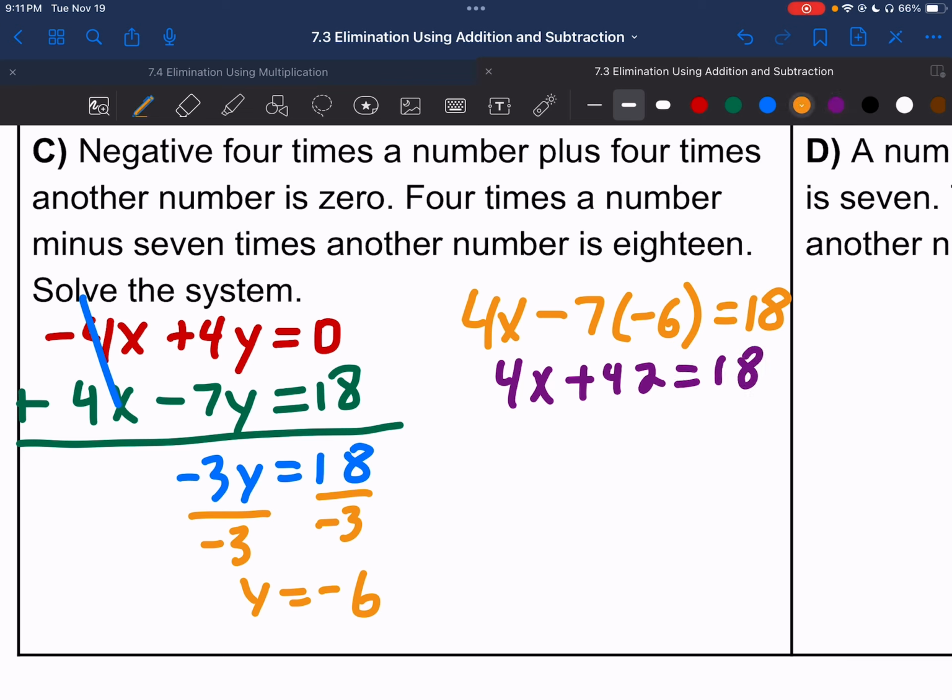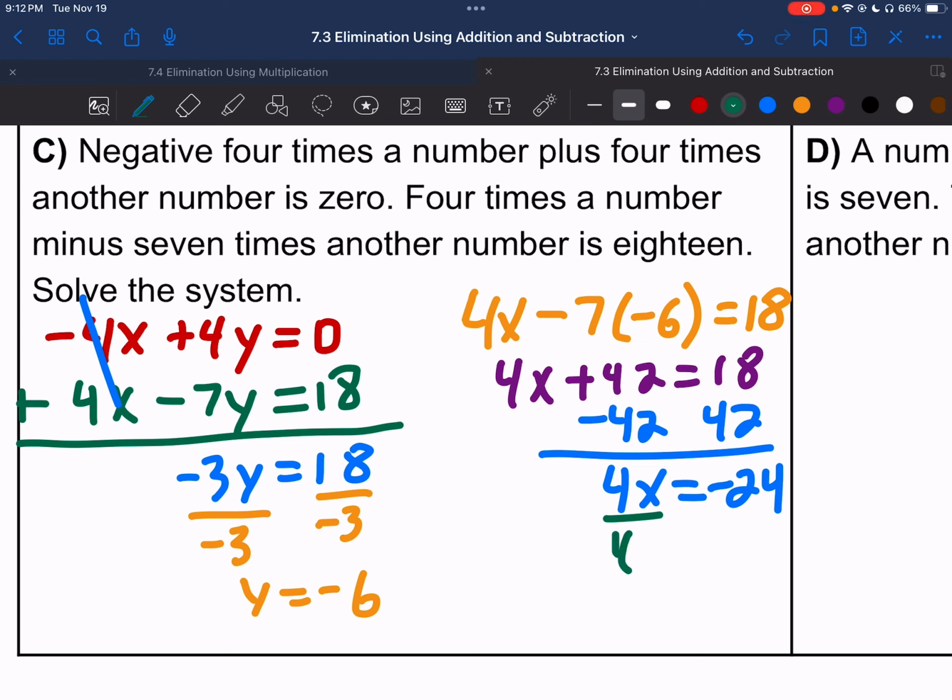And now we are going to subtract 42 from both sides. 4x is going to equal -24, which we're going to divide by 4. X is equal to -6. So -6, -6 is my ordered pair.